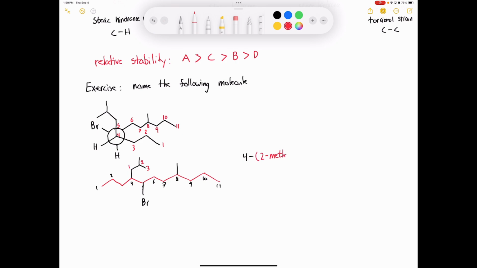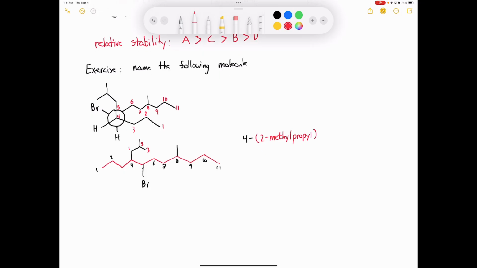Methyl. And then what's the parent name of that one? Propyl. And then the rest here, we have 5 bromo, 8 methyl. This is the way we number it, right? If we numbered it the other way, it wouldn't have the lowest numbers. So let's combine everything here.